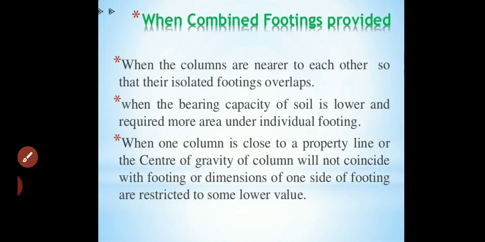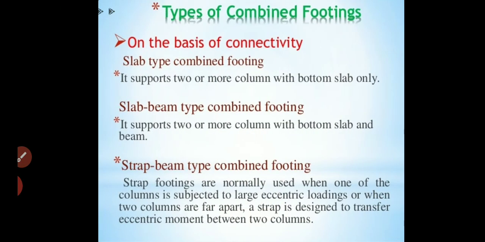Now we'll see the next point, that will be types of combined footing on the basis of connectivity. First, slab type combined footing. It supports two or more columns with a bottom slab only.